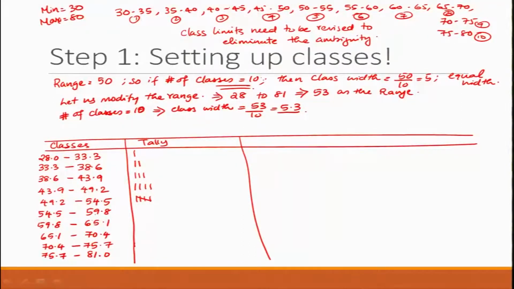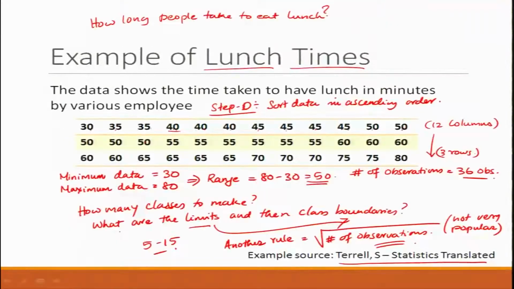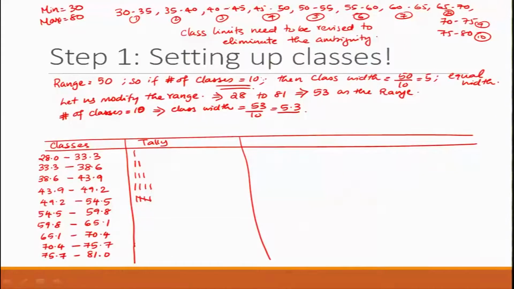Then 54.5 to 59.8. If you go back, you will only get 55. 6 55s are there, and 60 will not come because it is outside that. So, that is the 6.